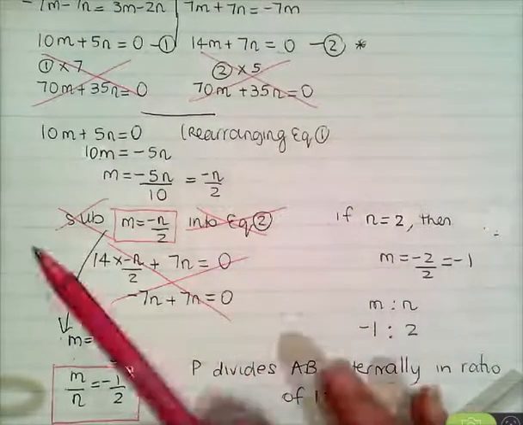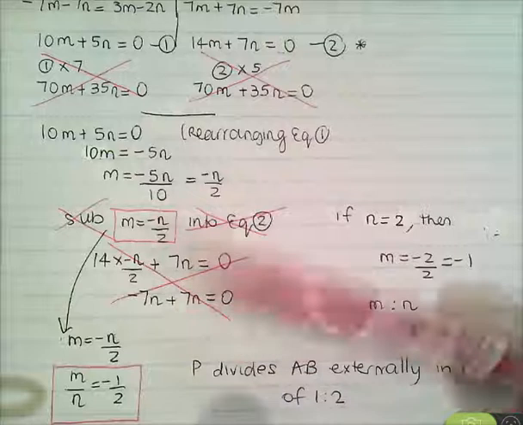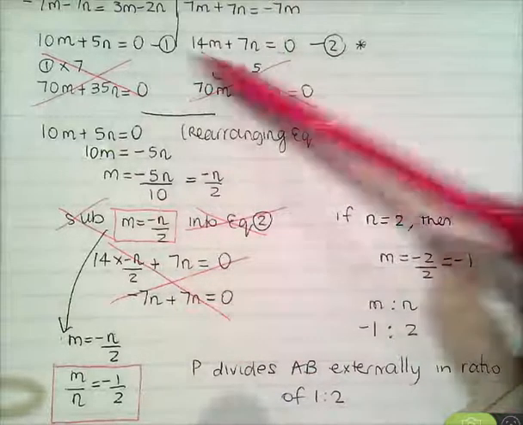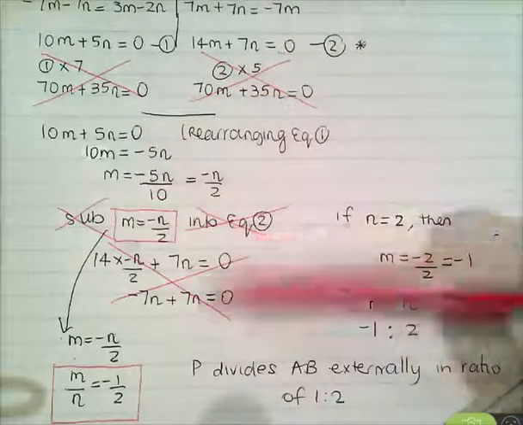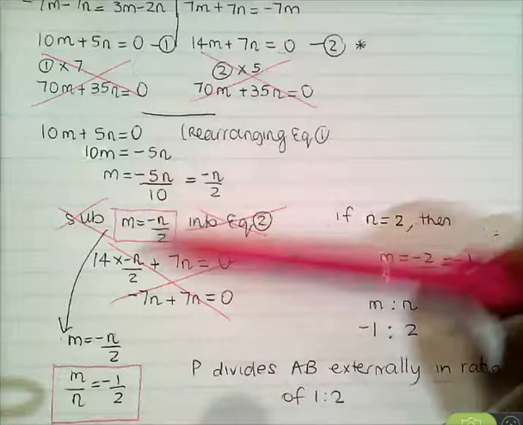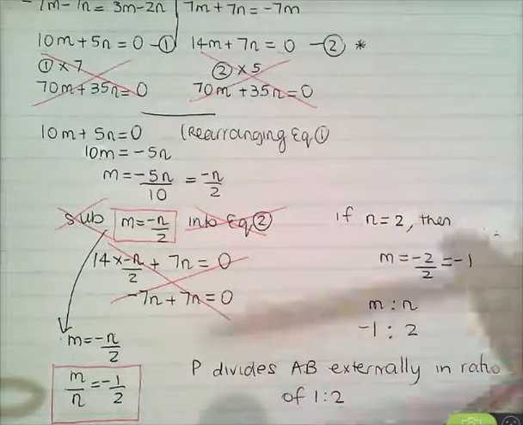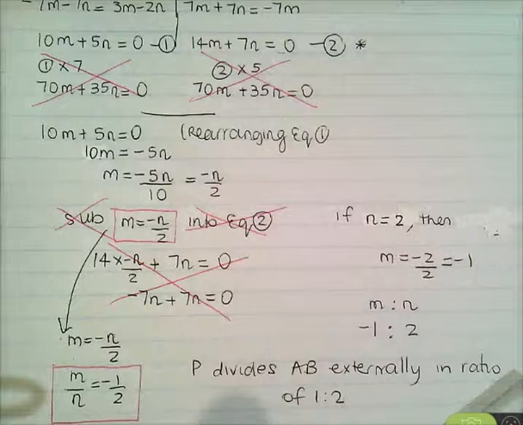I could cut my video, rewind back and delete all that, but I'd rather show you that you can go down this path that will lead you nowhere, and also this path that leads you nowhere, and that we're really looking for the ratio of m to n. So I think this example is quite a good one, and trying to work out m and n is not really going to work; you're actually just trying to find the ratio of m to n.